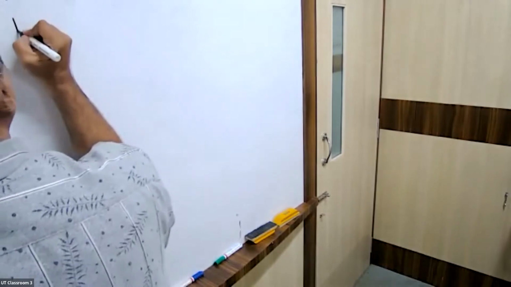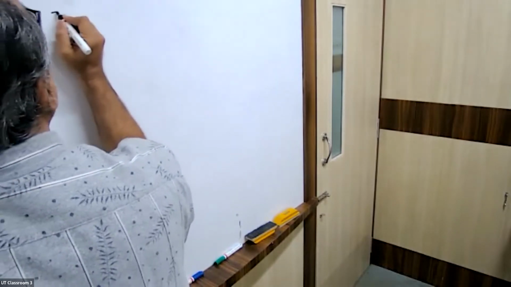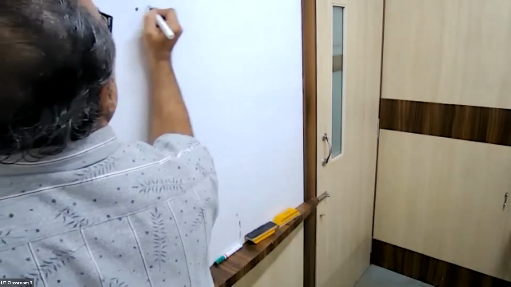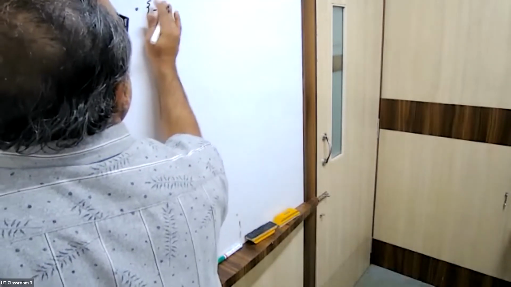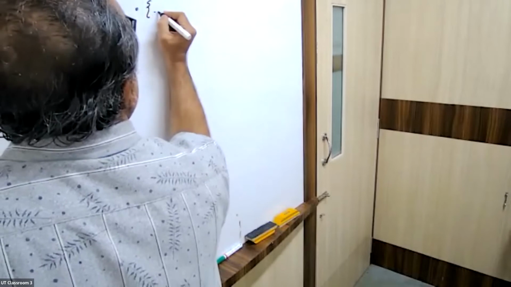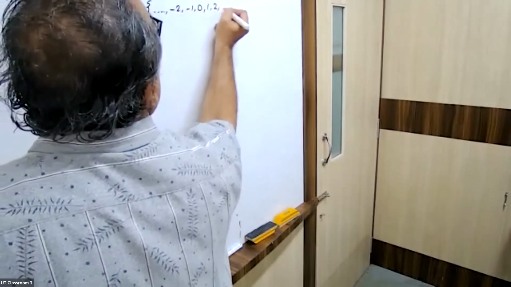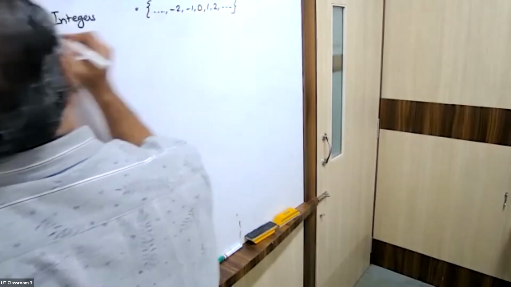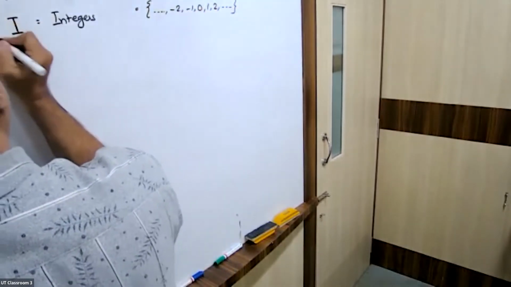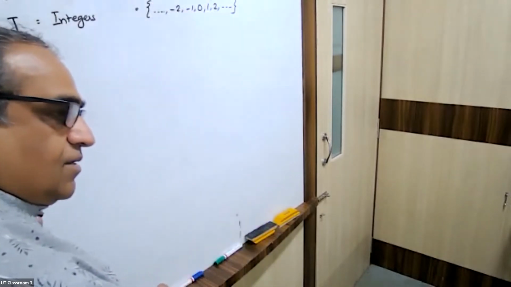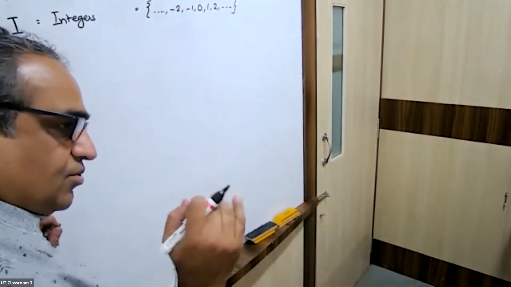The third type of numbers that you learned are integers. Z or I, both. You can either use Z or you can use I. Some places you will see capital I, some places you will see Z.